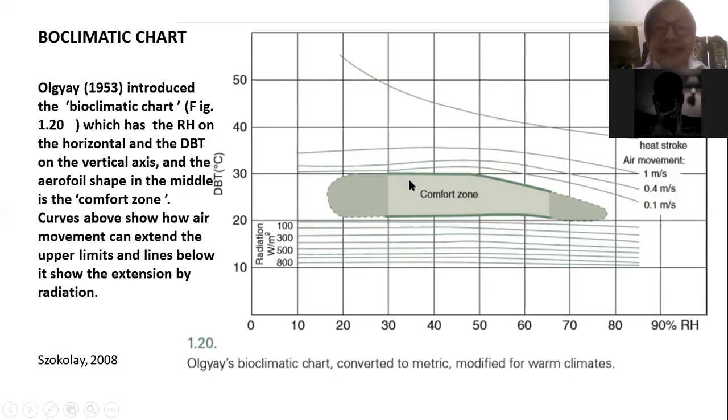Then we can feel that between 22, 23, and 30, or lower than 30, we can say it is impossible that in a tropical climate, in warm humid climate, the temperature most of the time is lower than 30 degrees outside the room or the house.